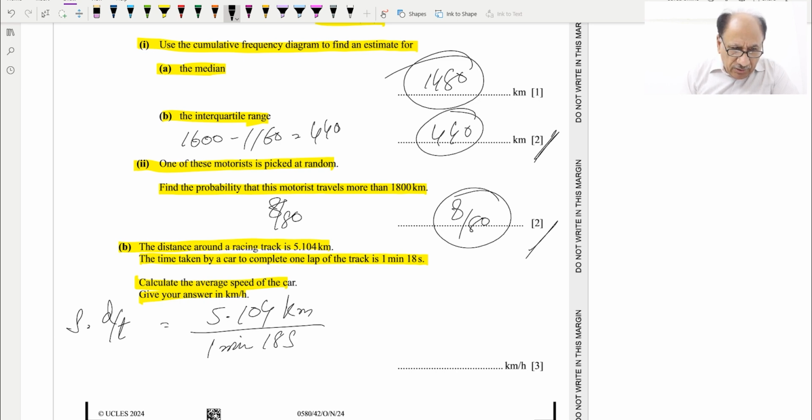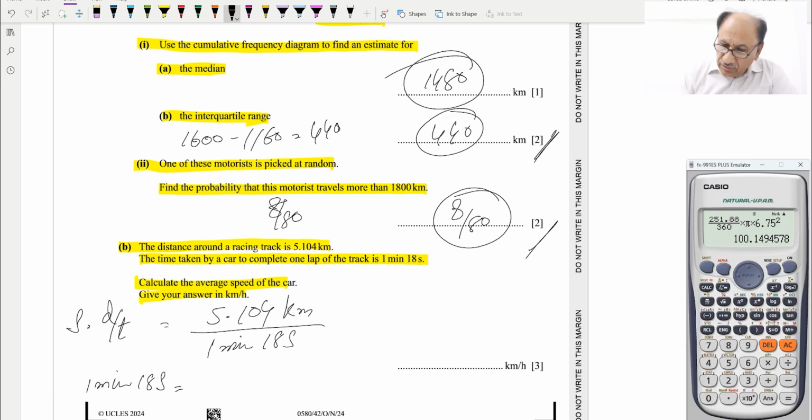So for 1 minute 18 seconds, we need to convert it into a fraction, and we can easily convert by the help of a calculator. So 0 hours 1 minute and 18 seconds, using the time button, press equal to, and then the S and D button gives this fraction, 13 over 600.